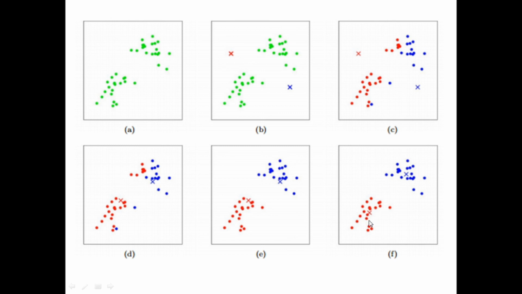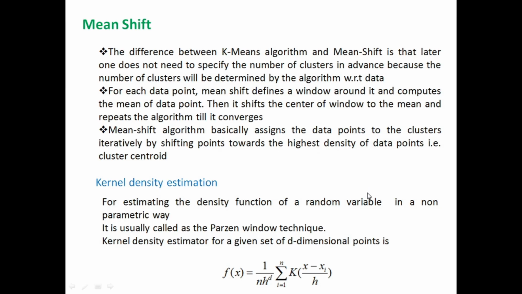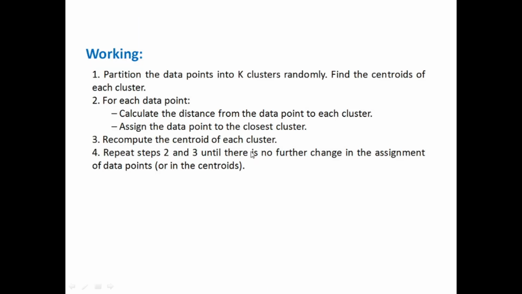If the change is less than some threshold, I stop the operation. But if the change in the mean of the cluster is more than the threshold, I need to recompute the mean by grouping the pixels in the feature space. So this is about k-means clustering, and it is the working principle of the k-means clustering algorithm.